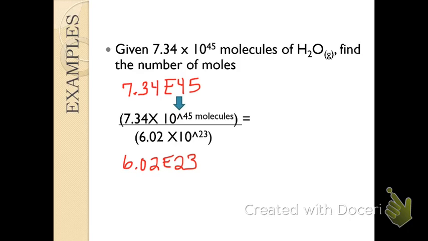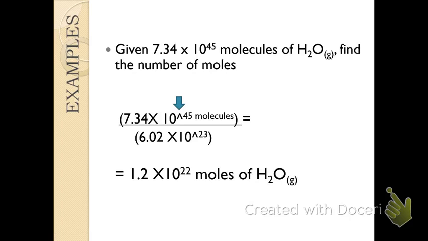If you're not using the E key, then clear your calculator, open parentheses, 7.34 times 10 caret key 45 close parentheses divided by open parentheses 6.02 times 10 caret key 23 close parentheses, press the equal sign, and let's see what we should get.